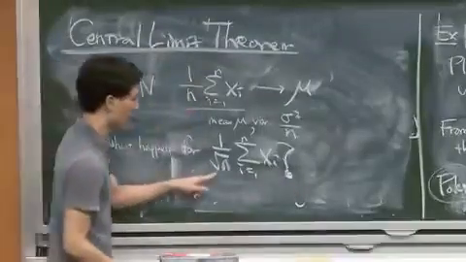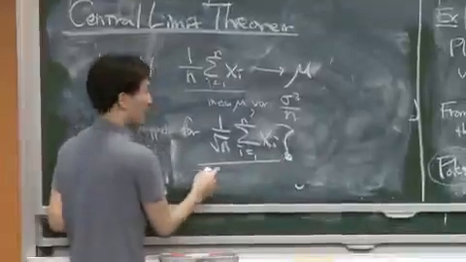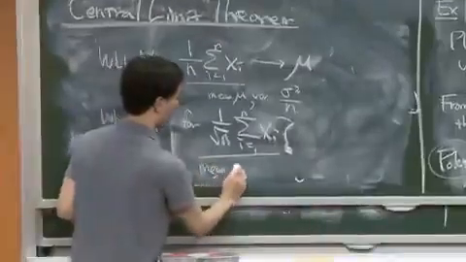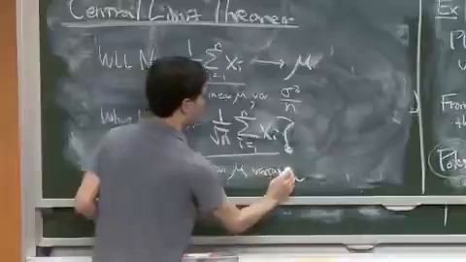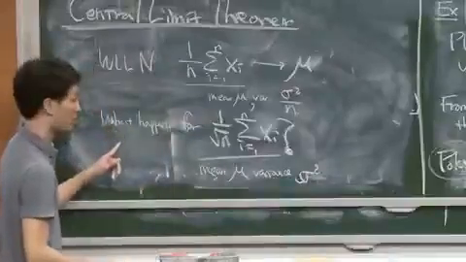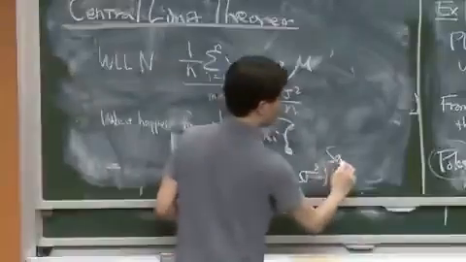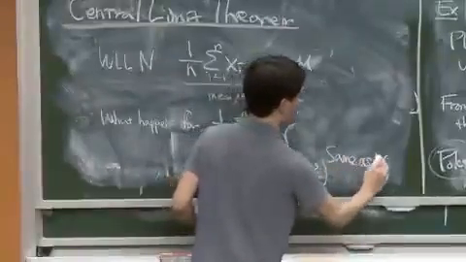The reason I'm making this choice of 1 over square root n is because if you make this choice, now the average has mean mu and variance sigma square, just as in the xi's. So this is the same as xi.